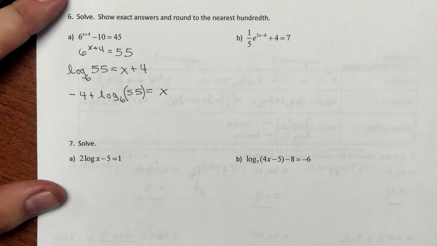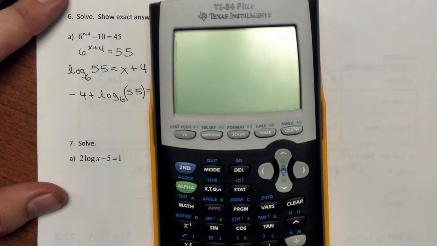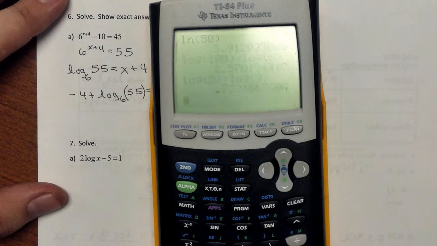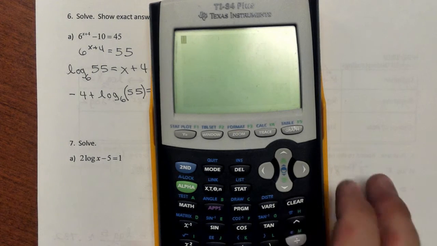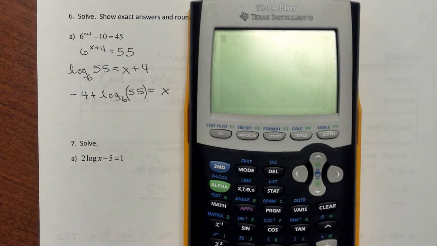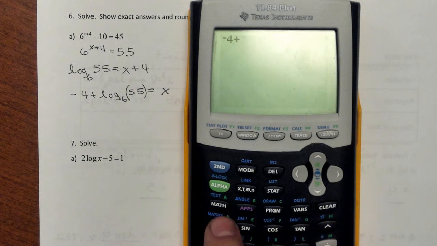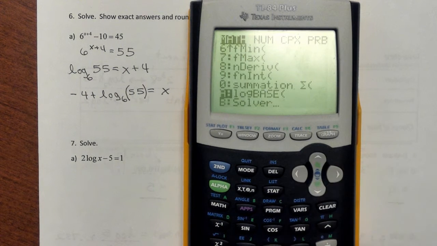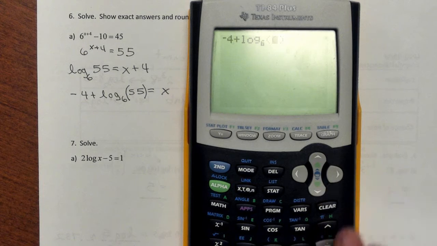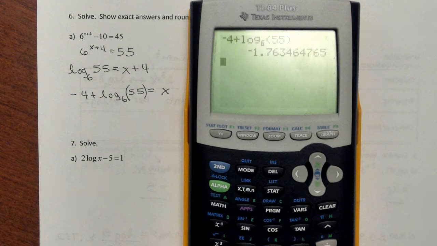If I want to approximate this, again, I will go to my calculator. And I'm going to show you, if I do this, let me just clear my screen. Negative 4 plus, I'm going to use the log base feature. Log base 6 of 55. And if I do this, I get negative 1.76 to the nearest hundredth. Now, we talked a few minutes ago about change of base formula. Some people don't have this log base feature available in their calculators, so I'll show you how you do that.